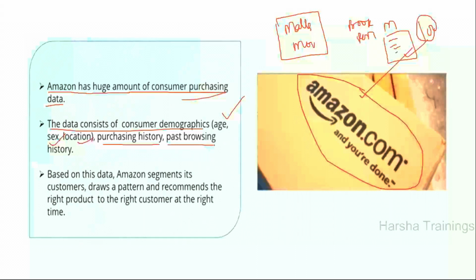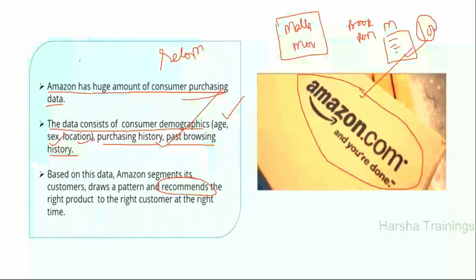There may be a concept called wish list, which we may purchase in future. Now, based on these items, Amazon will use a concept called the recommendation engine.